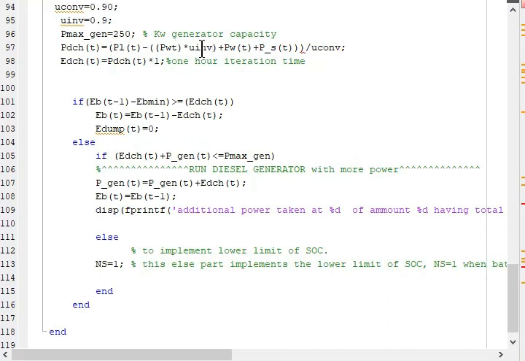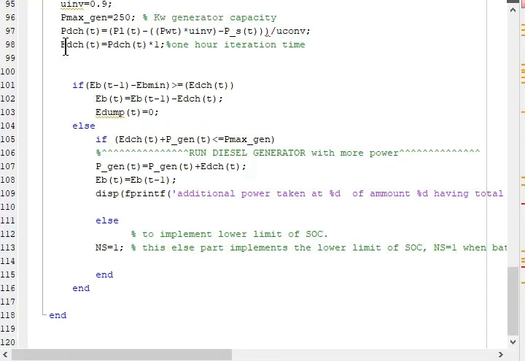The battery is a DC source, so that power first has to pass through the inverter. The remaining is subtracted from the solar and divided by the converter or inverter efficiency. That will be the total discharging energy that is required.